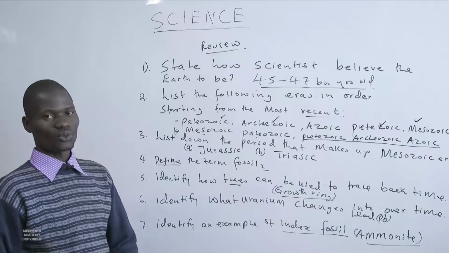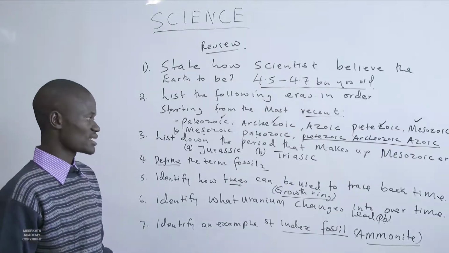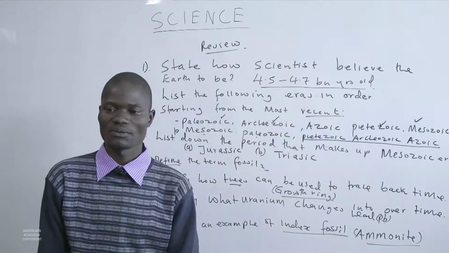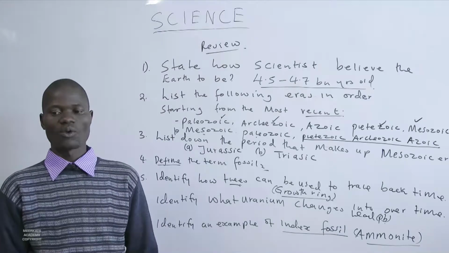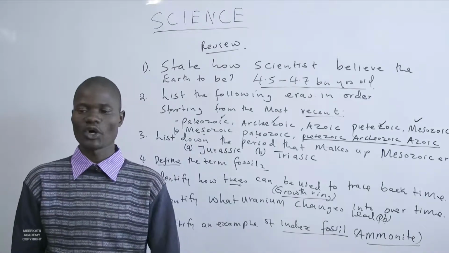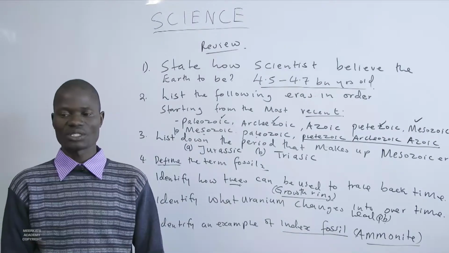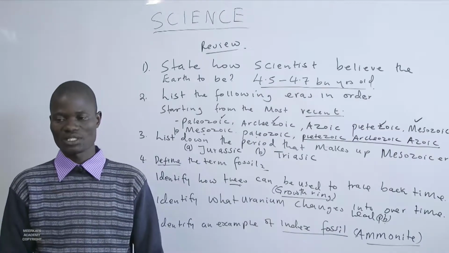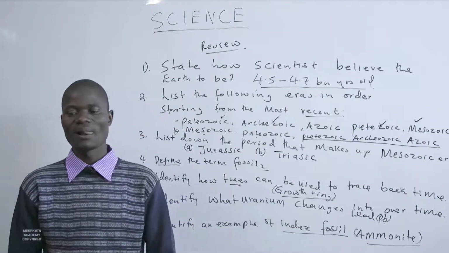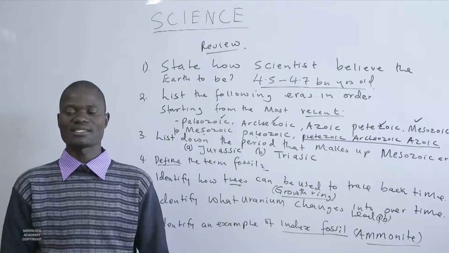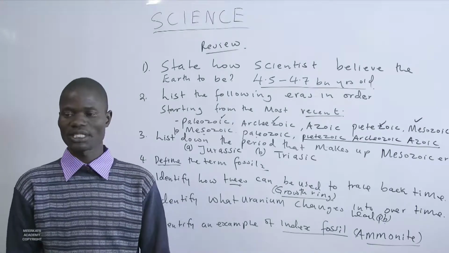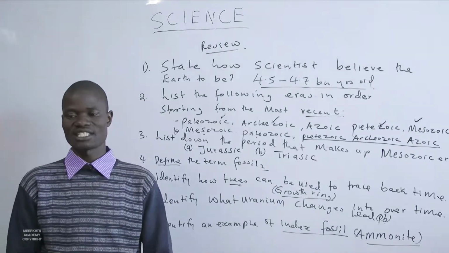Looking at this, we are now able to understand the concept of the geological period. We have looked at the Cenozoic, having 2 periods, Quaternary and Tertiary, and then the Mesozoic has 2 periods also, Jurassic and Cretaceous.